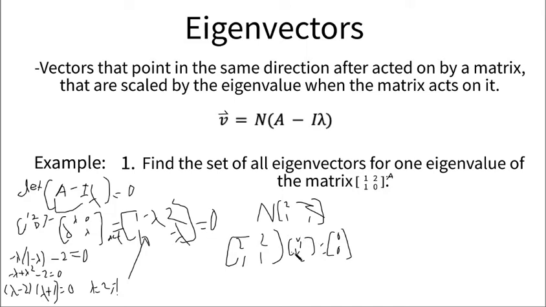So we're just going to write it out. v1 times 2, and then times 1, you add them together. So you get 2v1 plus v1, 1 times v1 is just v1.